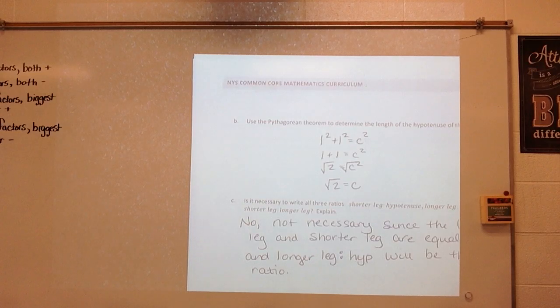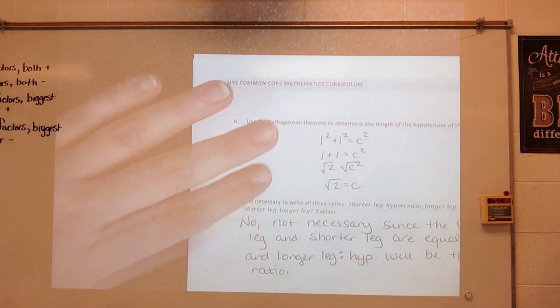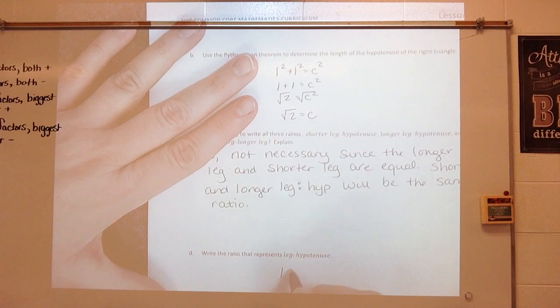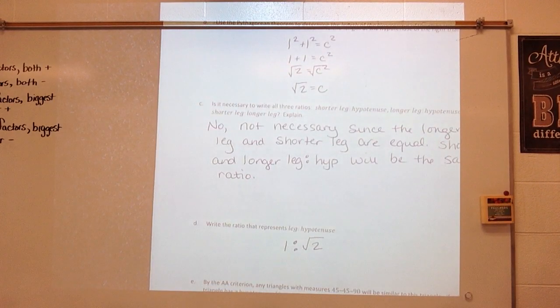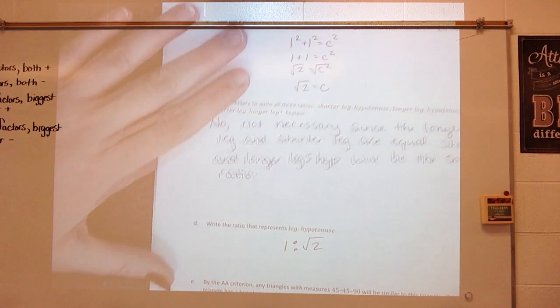Write a ratio that represents the leg to the hypotenuse. Well, leg is 1, hypotenuse is the square root of 2. So by the angle criterion, any triangle with the measures 45, 45, 90 will be similar to this triangle. So if a 45, 45, 90 triangle has a hypotenuse length of 20, what are the lengths of the legs?